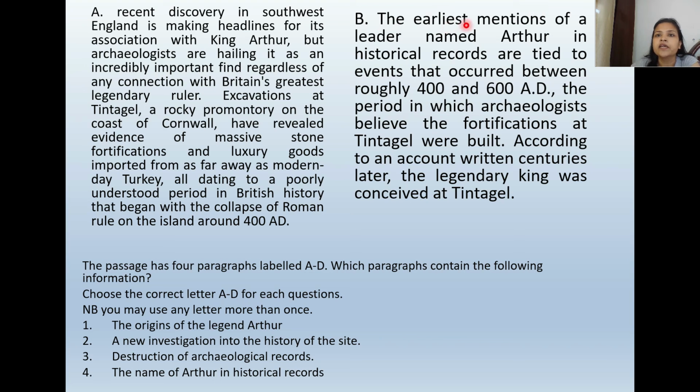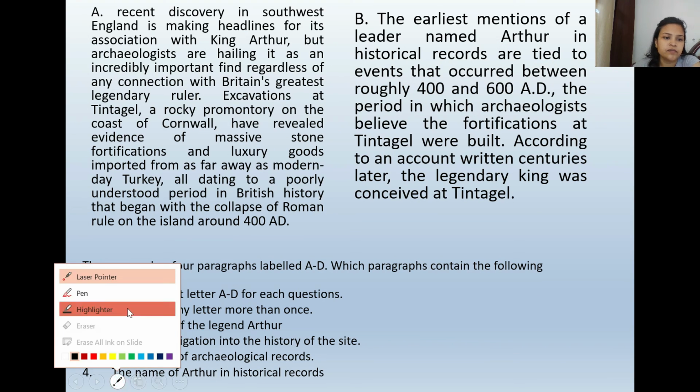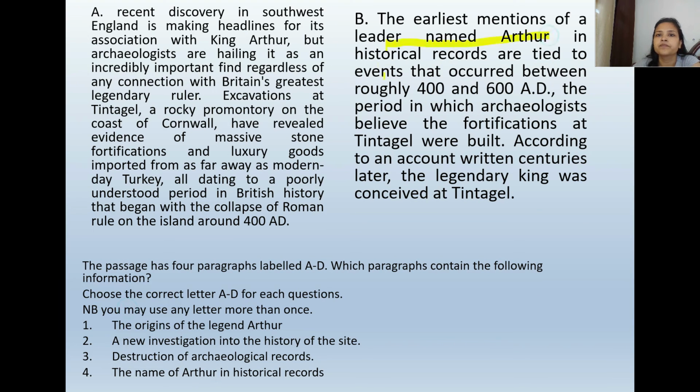Let's read B. The earliest mention of a leader named Arthur in historical records here we found are tied to events that occurred between, okay, the period in which archaeologists believe that the fortification at Tintagel was built.